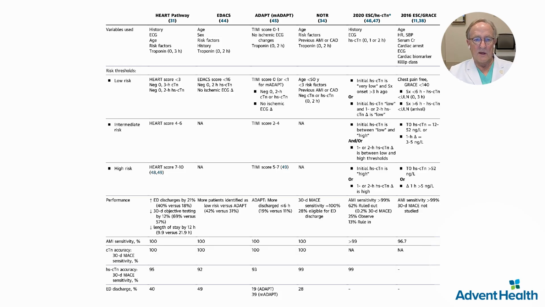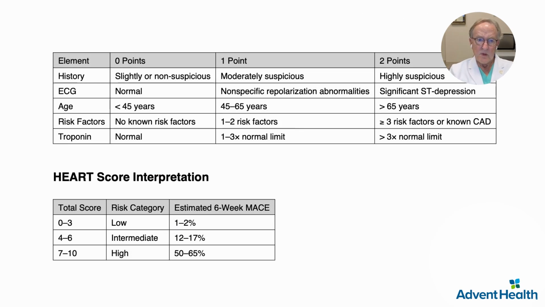And the way it's utilized, if you're not aware, you get points, as you do in all these algorithms, for history, as I said, ECG, age, risk factors, and troponin. 0 points, 1 point, or 2 points, depending upon whether you have suspicious history, electrocardiographic abnormalities, what your age is, whether you have risk factors for coronary disease, and what your subsequent troponins are.